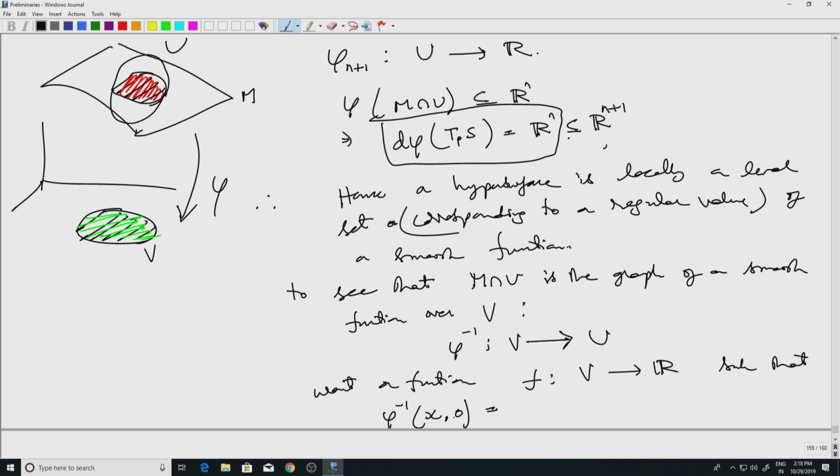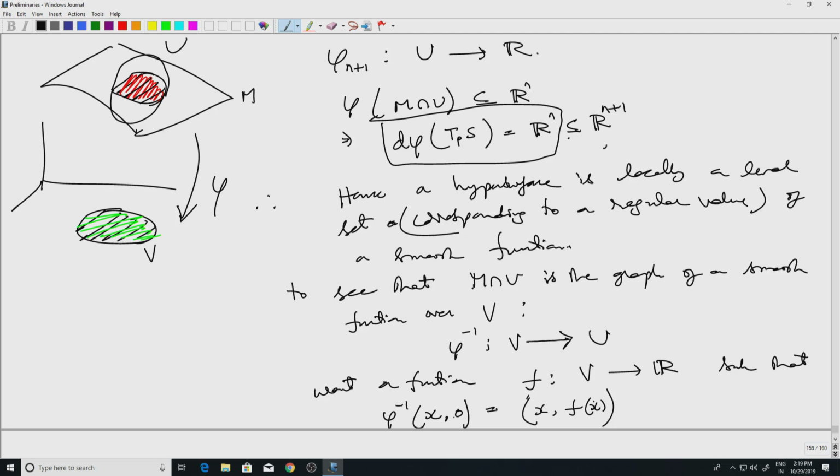So that's my V. Phi inverse of this point I would like to write as x comma f of x. This is what I want.